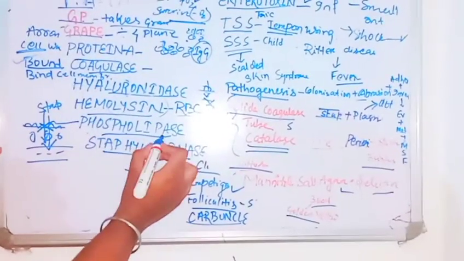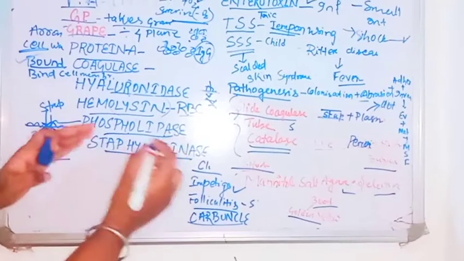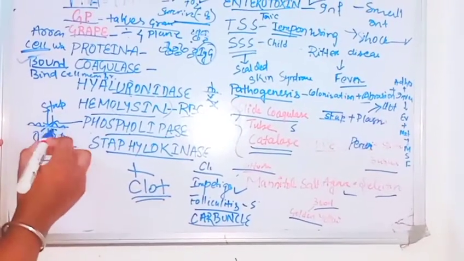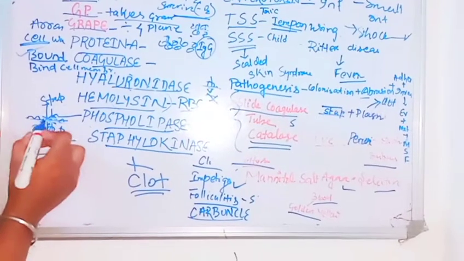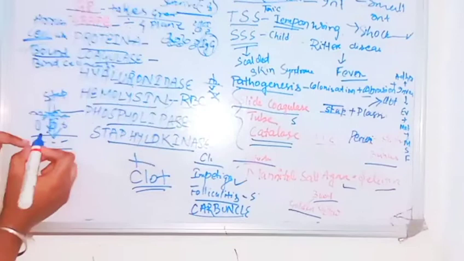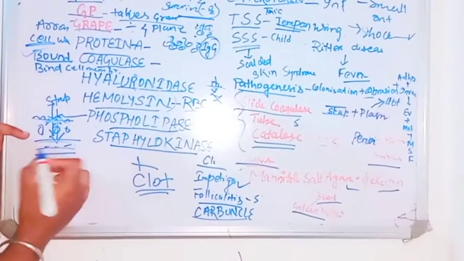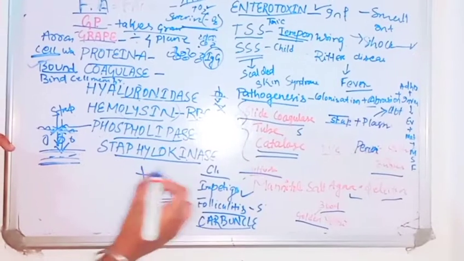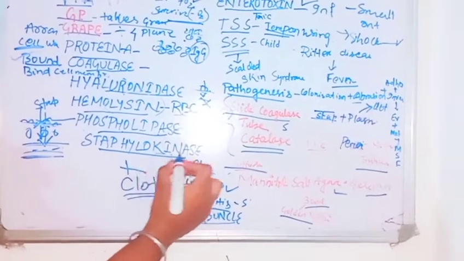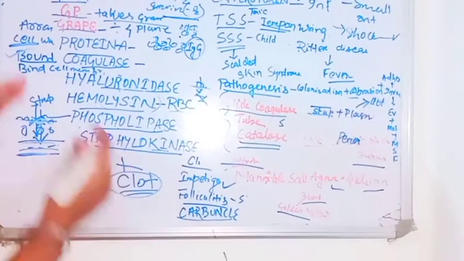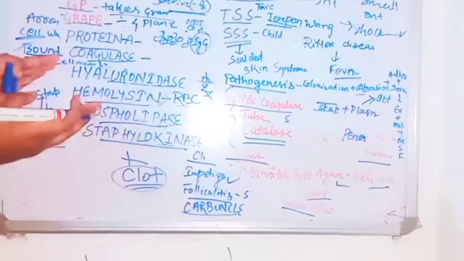Then phospholipase, an enzyme that causes lysis of the cell membrane. When the cell membrane is lysed, Staphylococcus easily invades the bloodstream and causes tissue damage. Then staphylokinase. Kinase means breakdown of the clotting material. So these are all the cell components and enzymes.